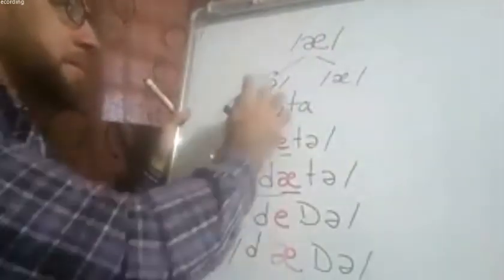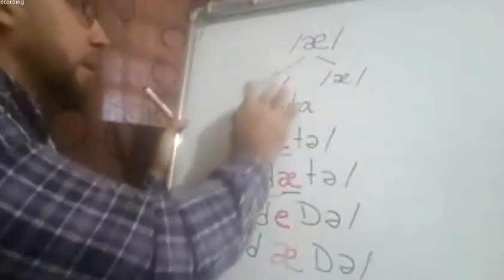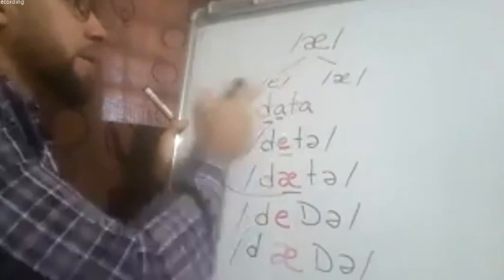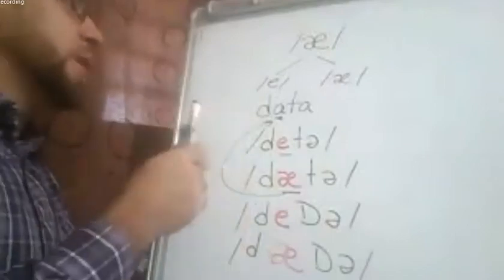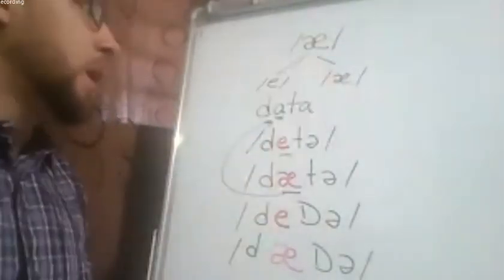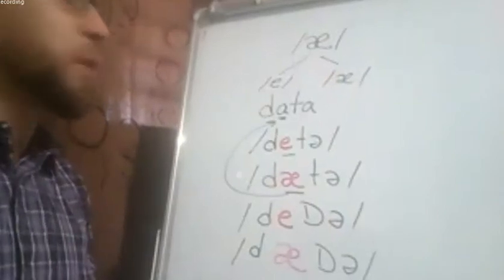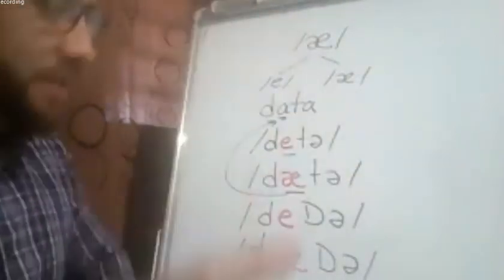If we take this as the phoneme, then it would be a very deep research to see which of the two allophones was pronounced in the origins of that word.